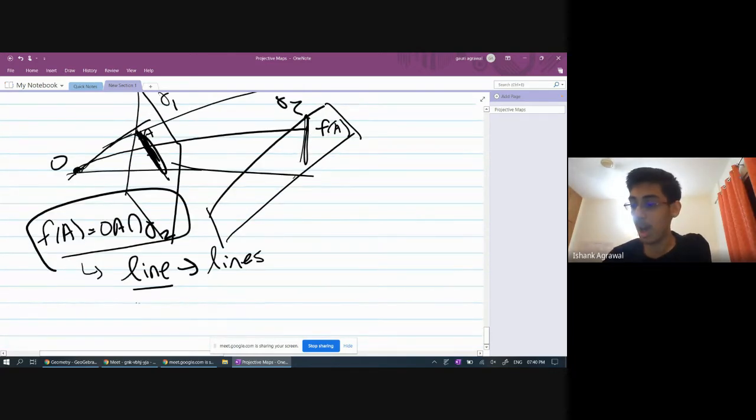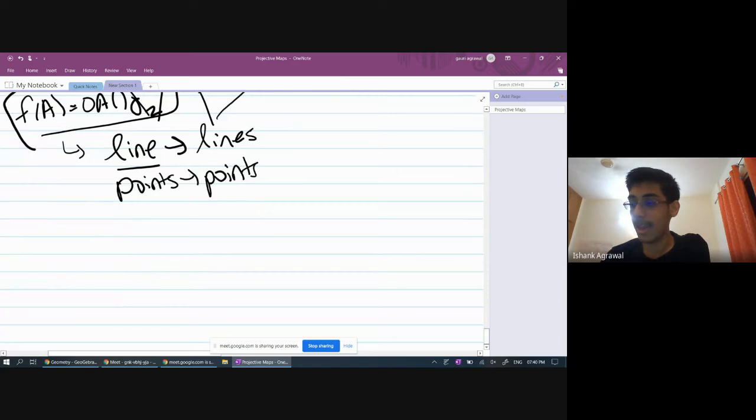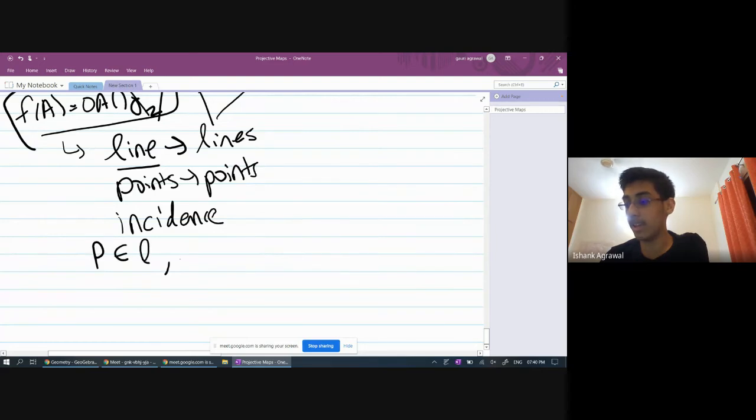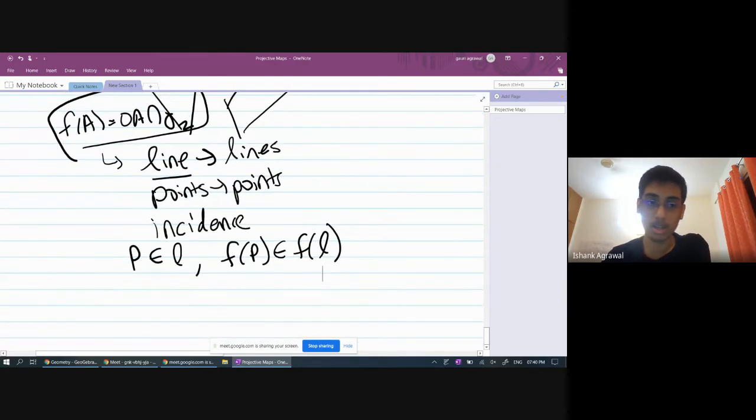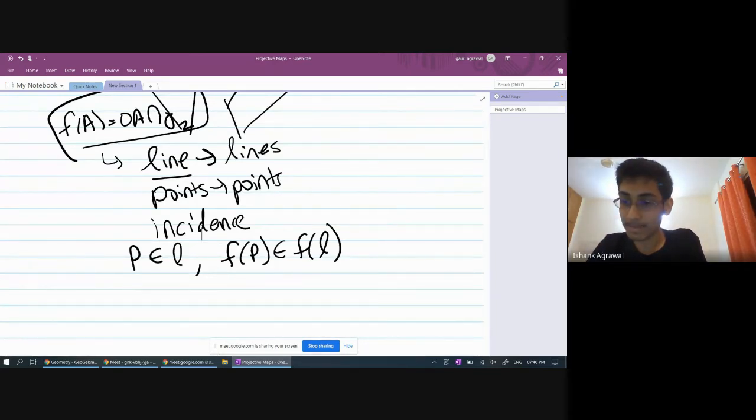Obviously points map to points. And finally, incidence is preserved. That is, if a point P lies on a line L, then the image of that point lies on the image of the line.